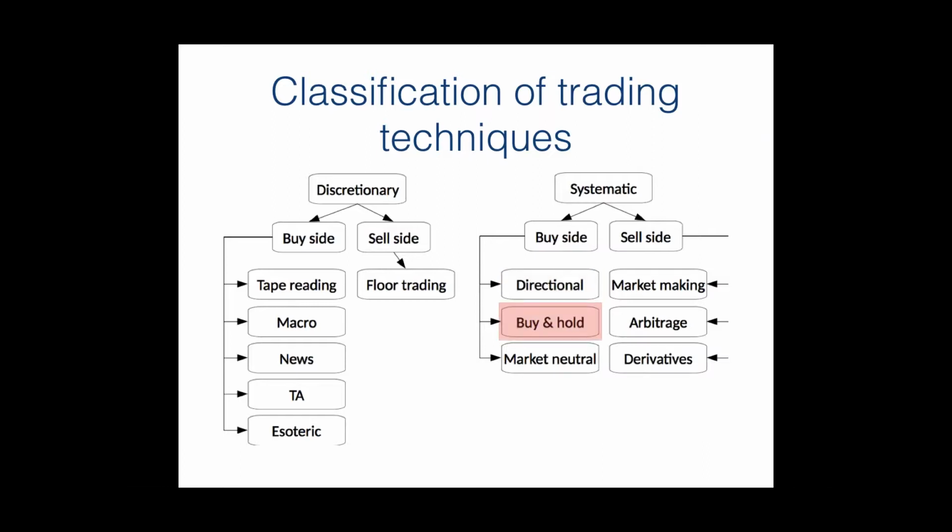Buy and hold techniques mostly use various money management methods, since it's less important when you actually add to the position, but mostly how much. And finally, market neutral techniques, among which using options for delta hedging is probably one of the most explanatory and simple examples.